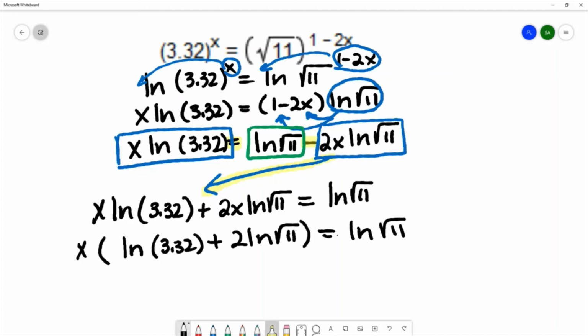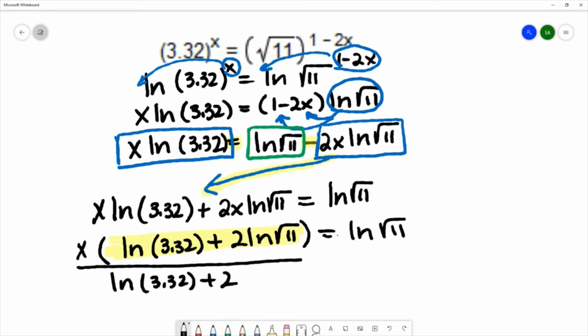Now I'm able to get x by itself. This parenthesis is being multiplied by x. I'll divide by natural log of 3.32 plus 2 natural log square root of 11. We're going to do the same thing on both sides of the equation to stay balanced.